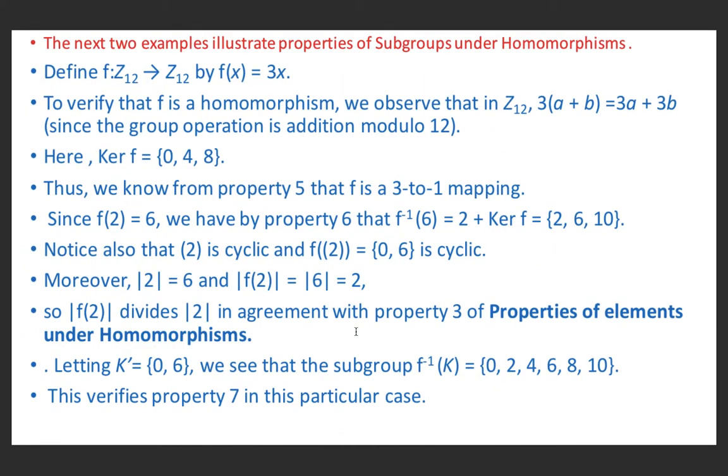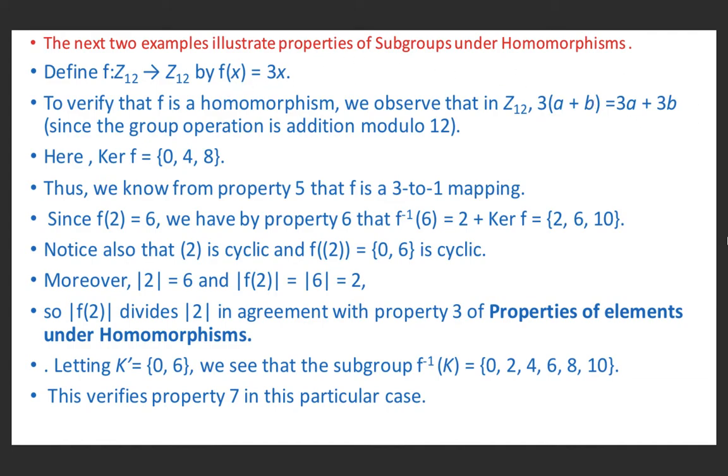The next two examples illustrate properties of subgroups under homomorphisms. If we define f from Z12 to Z12 by f(x) equal to 3x, then to verify that f is a homomorphism, we observe that in Z12, 3(a+b) is equal to 3a+3b.